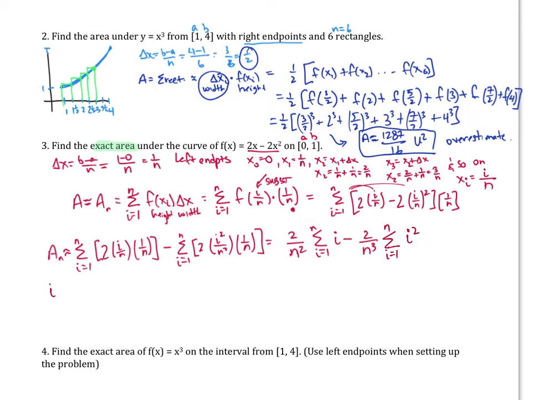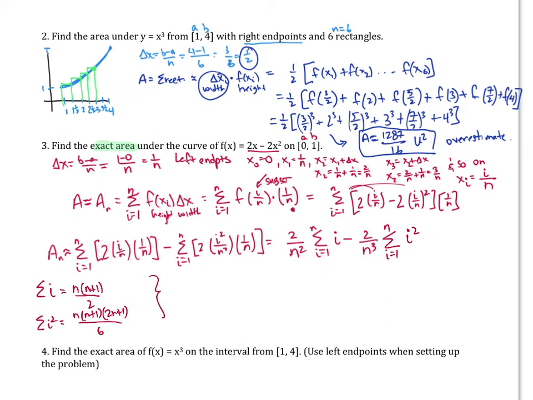Well, we've got formulas. The formula for the summation of i is n times n plus 1 over 2. The summation for i squared, that formula I showed you before, is n times n plus 1 times 2n plus 1 all over 6. So I'm going to substitute these formulas in.